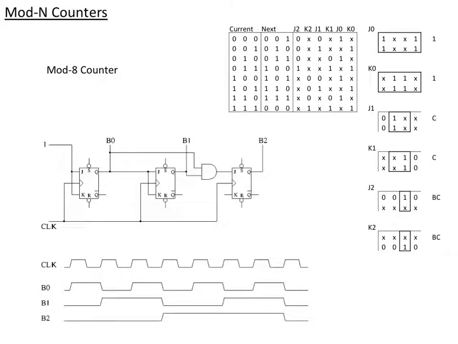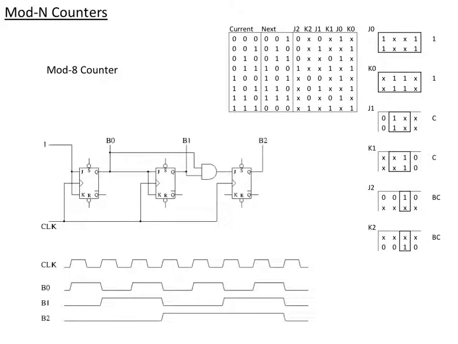As a final example, here is a Mod 8 counter. It's nearly the same as the Mod 5 counter, except that I leave on Q2 for as long as it needs to go. Basically what I had before for Q0 and Q1 will count up to 4 over and over again. That's easy.